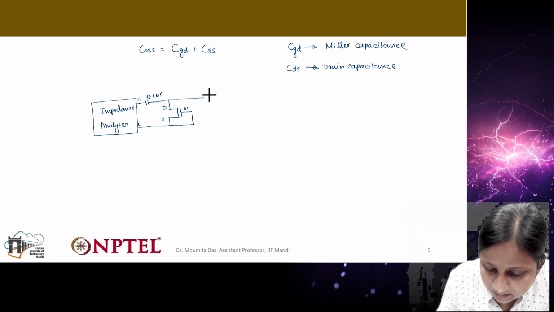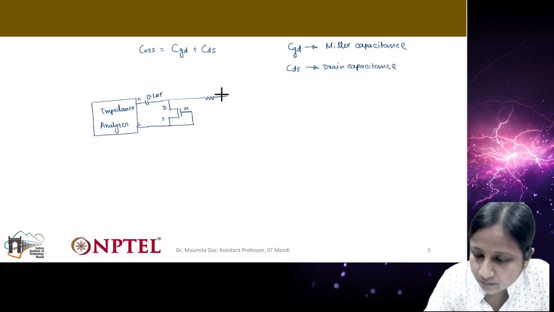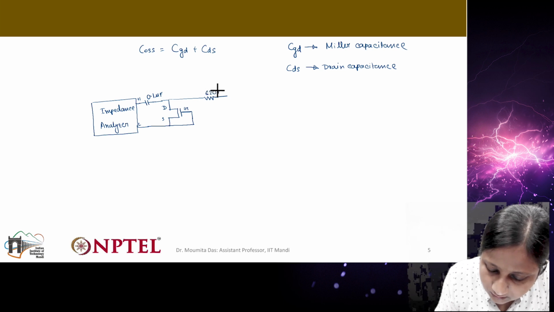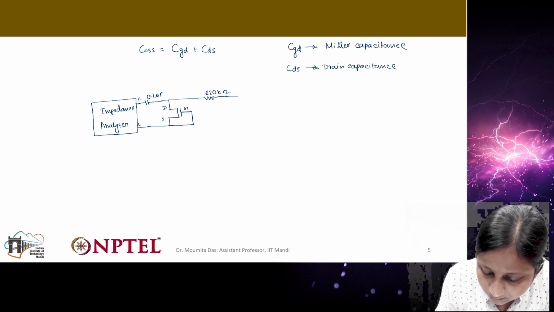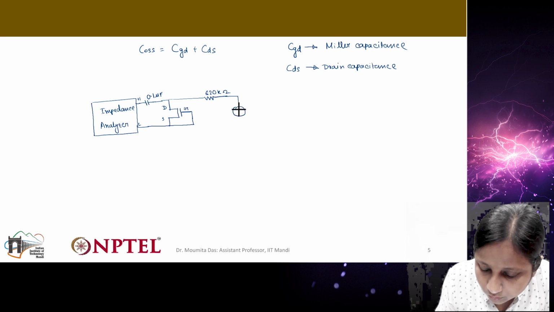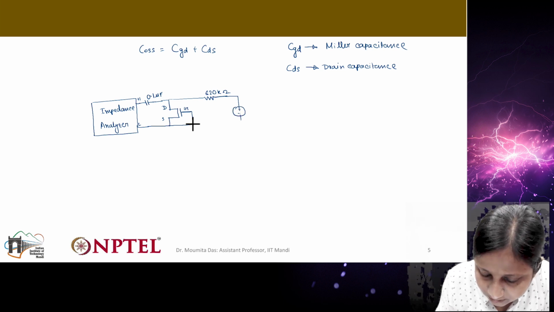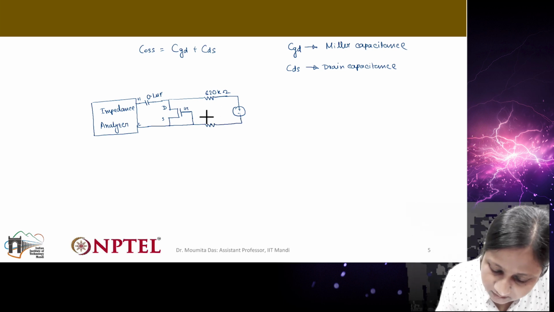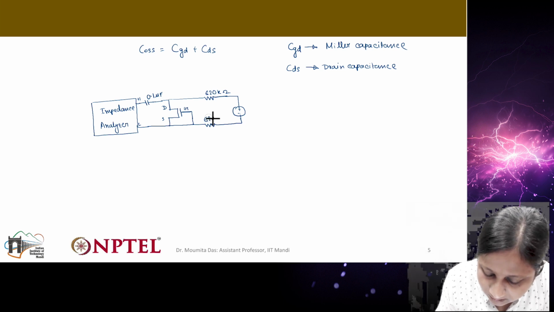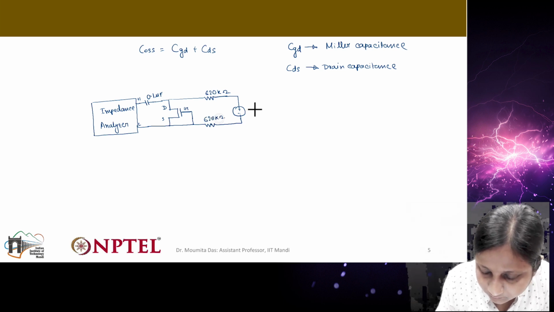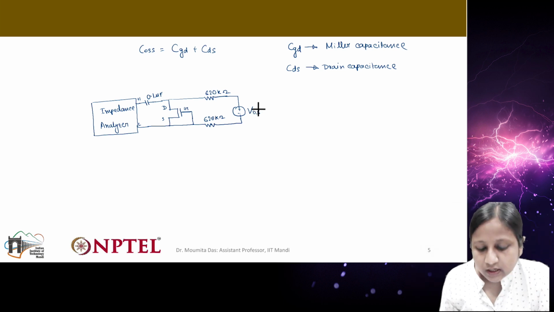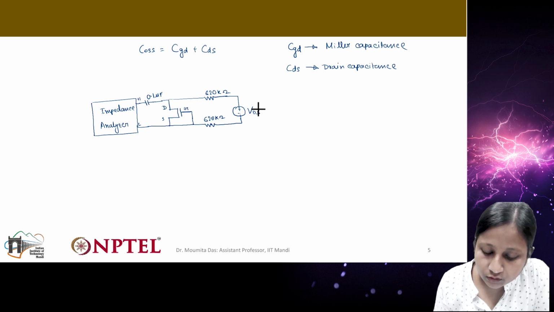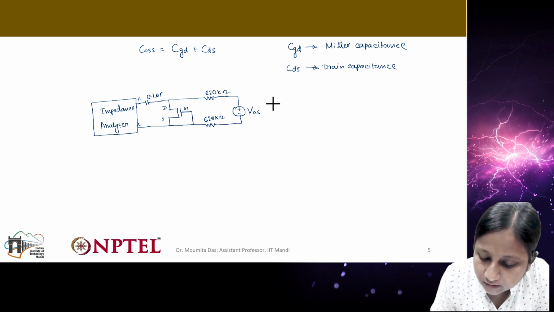And in this part, there will be one resistance of 620 kilo ohm, which will be connected to the drain to source voltage. Similarly, another resistance will be connected in this path with a similar value of 620 kilo ohm. So this is VDS.